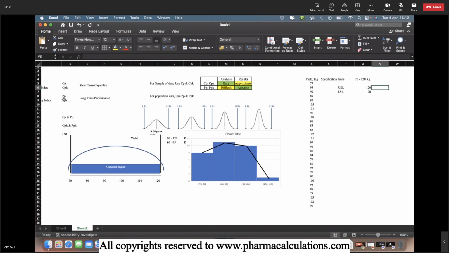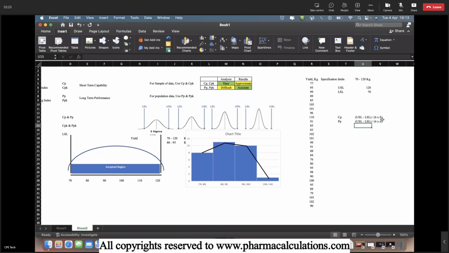Now, to estimate these indices, we should know the formulas. CP is the upper specification limit minus the lower specification limit divided by 6 times the standard deviation. Coming to PP, it is the same: upper specification limit minus lower specification limit divided by 6 times the standard deviation.